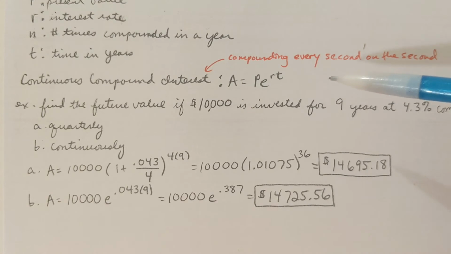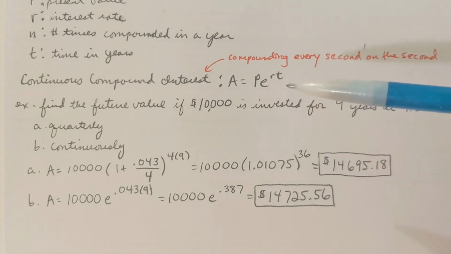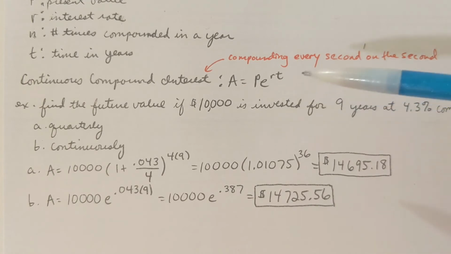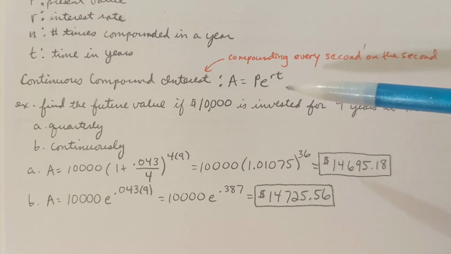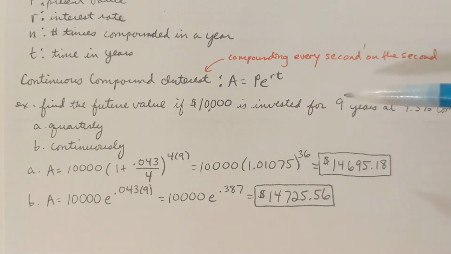I've seen compounding monthly several times, and no bank that I know of is going to give you $10,000 and invest for 4.3% compounding continuously. Now I'm not saying that could not happen.